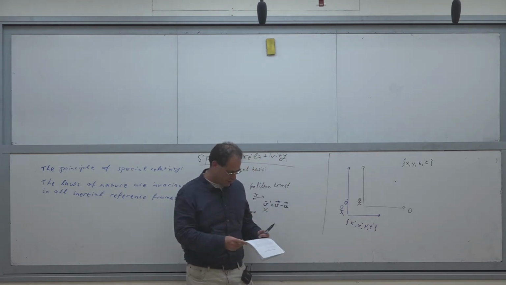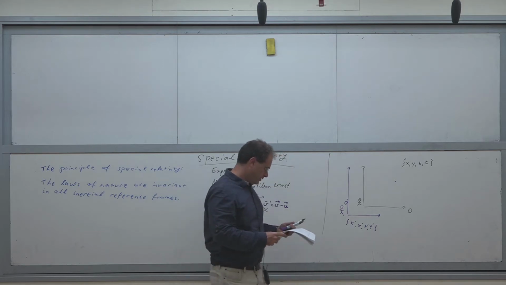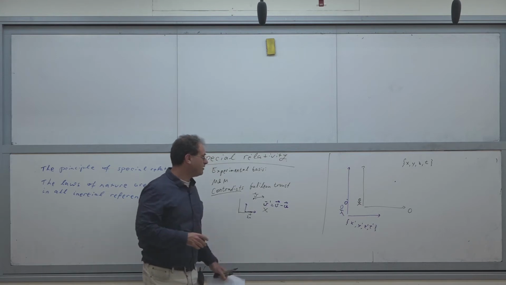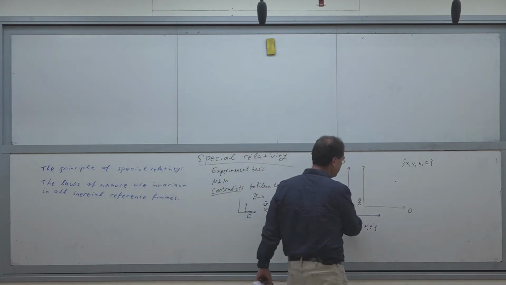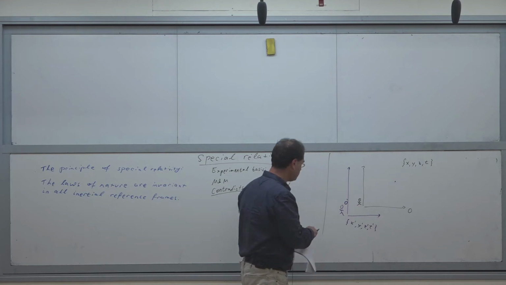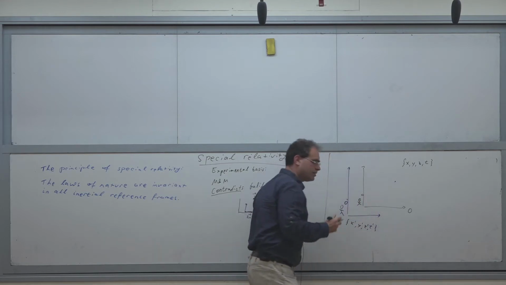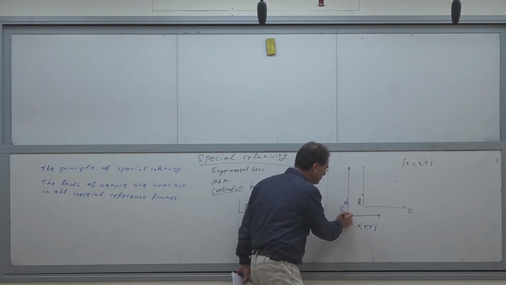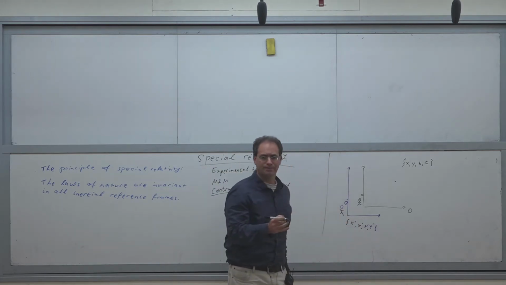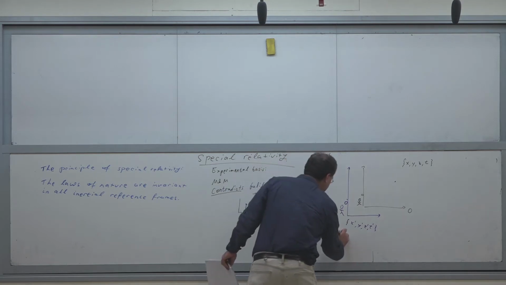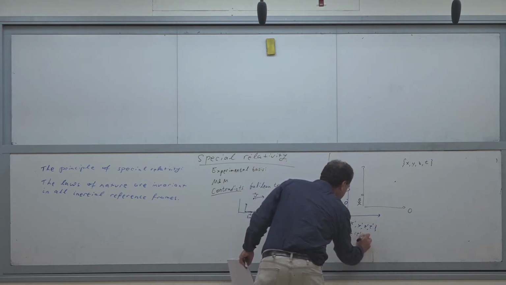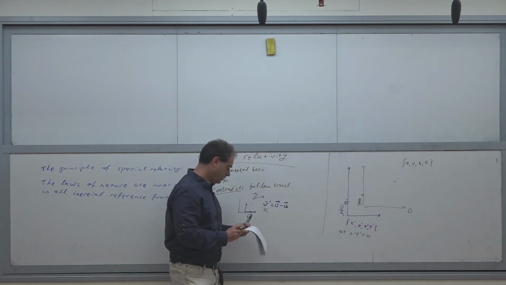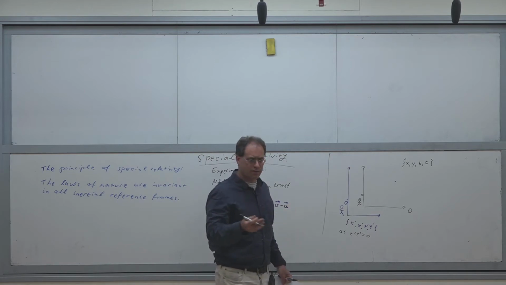Now, let's assume, without loss of generality, this observer O prime is moving with respect to the observer O. Let's also assume that at time t equal t prime equal to 0, their origins of coordinates coincide. It's just without loss of generality.